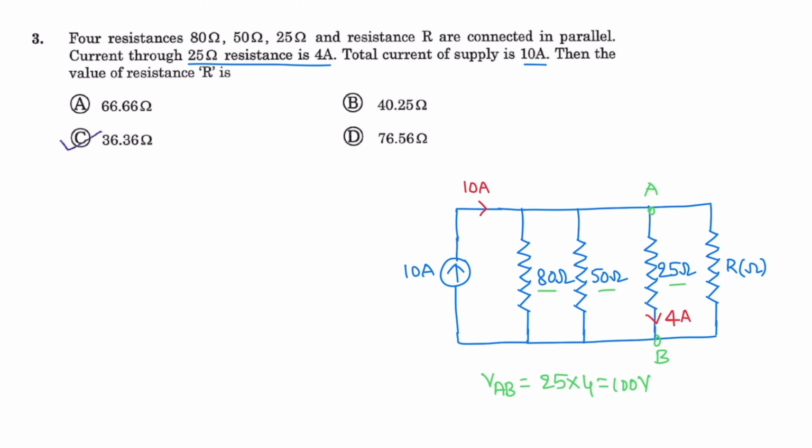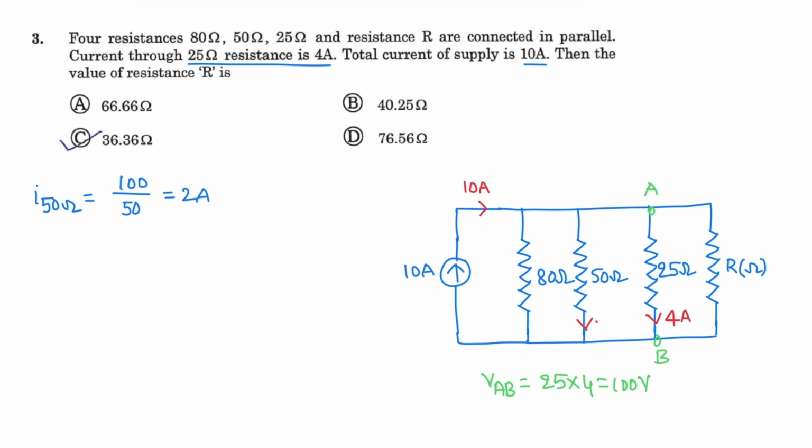Once these resistances are connected in parallel, the voltage across each resistance is fixed. Therefore the current flowing through the 50 ohm resistor is VAB, 100 volts by 50 ohm, which is 2 ampere.